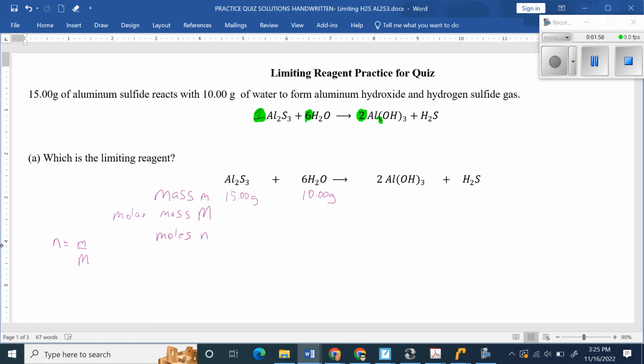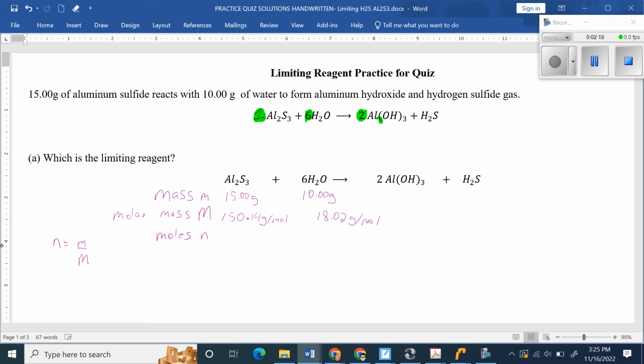So we need the molar mass. So this is 150.14 grams per mole, and water is 18.02 grams per mole.